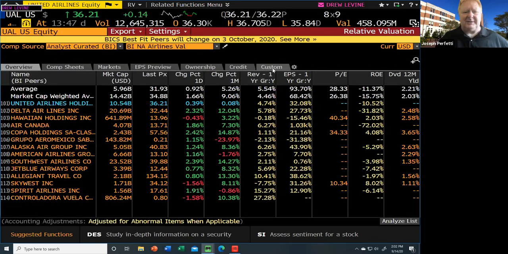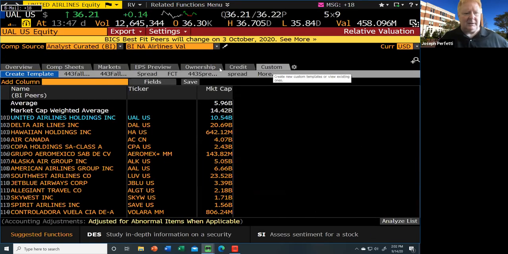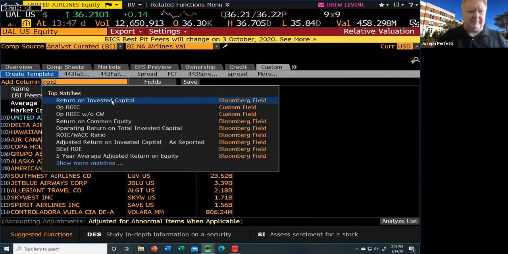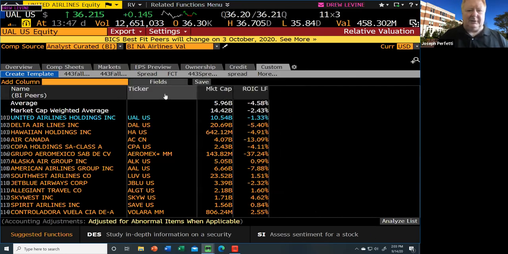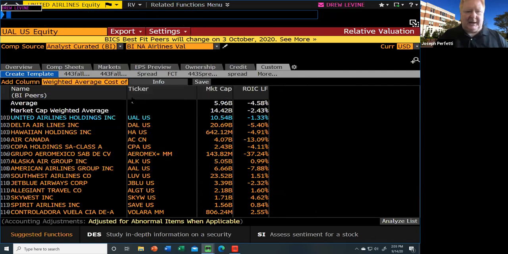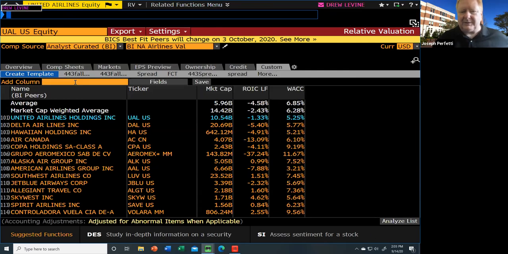So over in custom, you would have added a column for ROIC as of the latest filing. You would hit enter. You would have gone to WACC, hit enter, and you would have saved this as a custom template, probably called spread or something along its lines, so that you could reuse this.